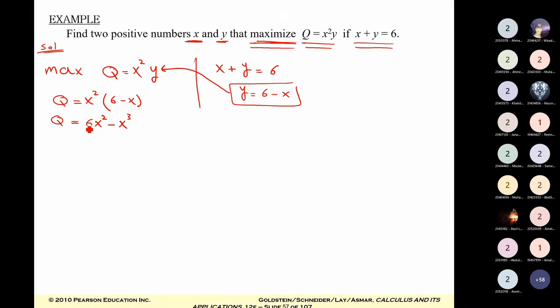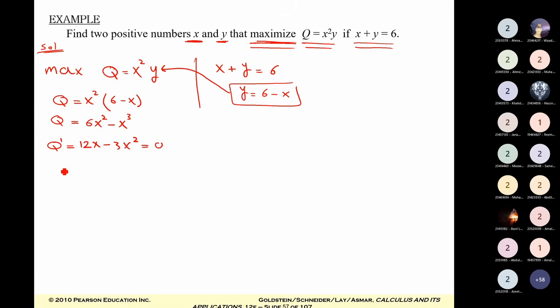Now if we have the function q with respect to x only, we can find the value of x that makes q maximum. يعني من المحاضرة الماضية هذا الفانكشن سهل انه نوجد قيمة x اللي بتخلي لي هذا الفانكشن maximum. So firstly we need to find q prime. So we have 12x minus 3x squared, and this is equal 0.